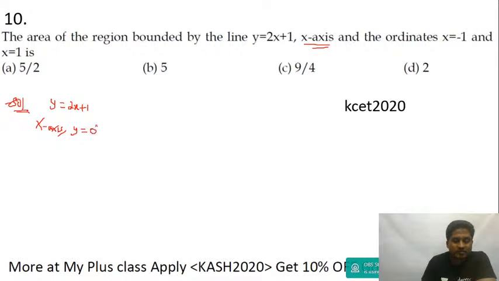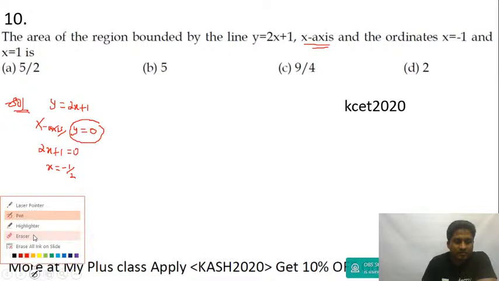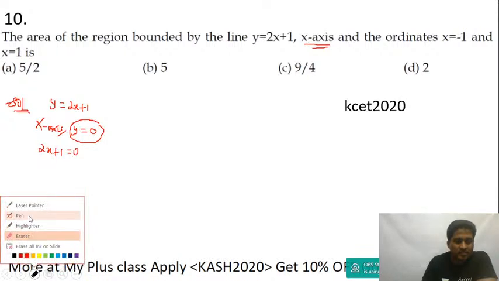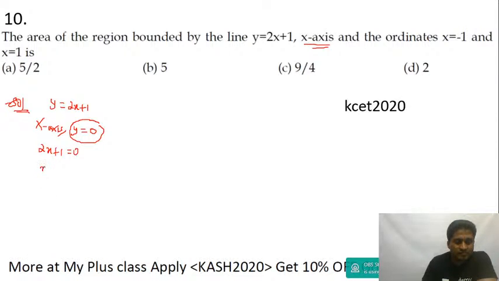So you get 2x plus 1 equal to 0, that is, x is equal to minus half.